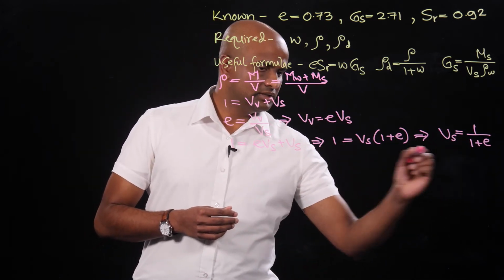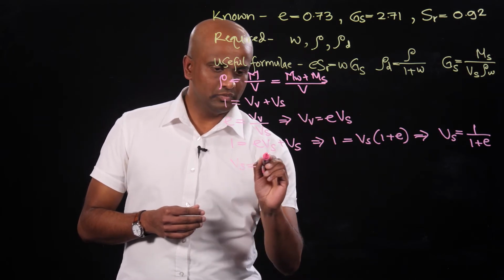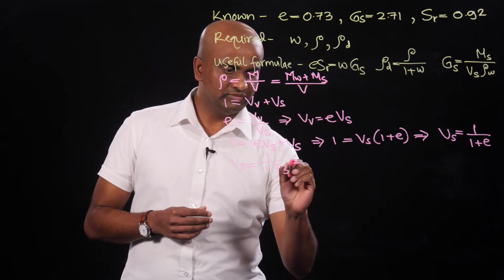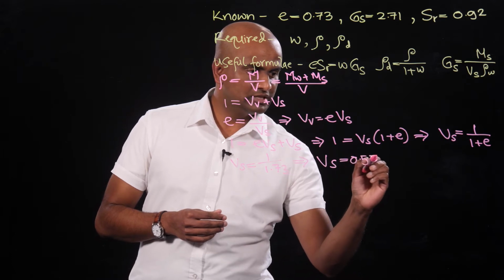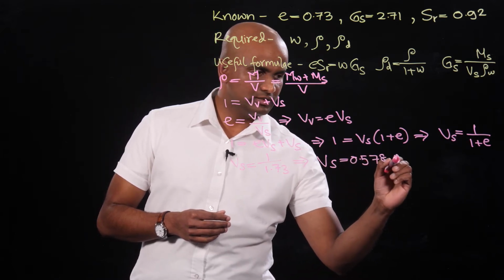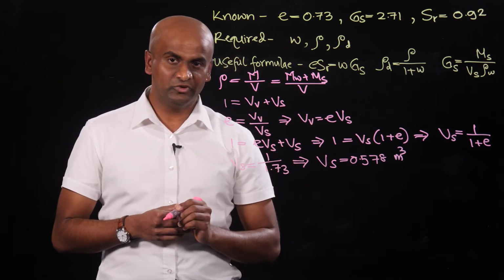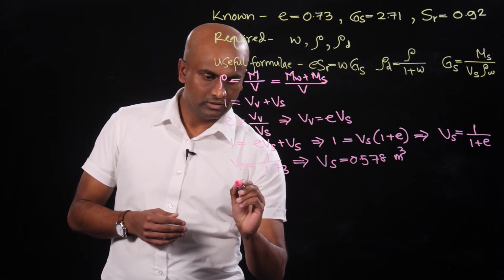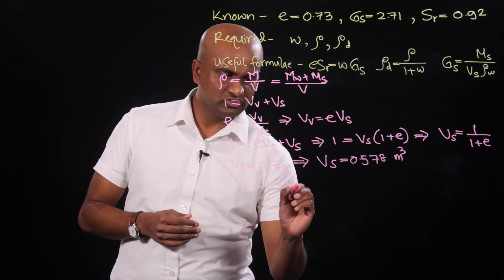You can substitute the e value as 0.73, that will be 1.73, so that will give you V_s as 0.578 cubic meters. Since we know that 1 equals V_v plus V_s, now we can calculate V_v. Your V_v, which is the volume of voids, is 1 minus volume of solid.